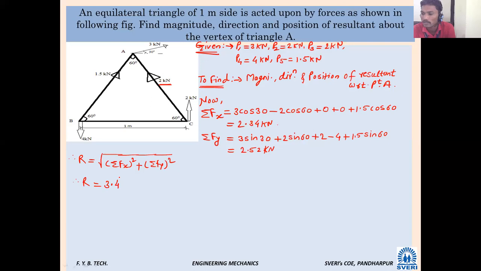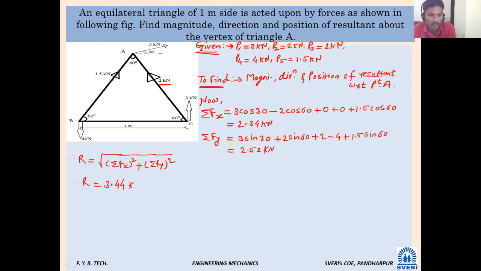I think my answer is 3.44. Did anybody get 3.44? Yes, sir, my answer is also 3.44, though some got 3.46.